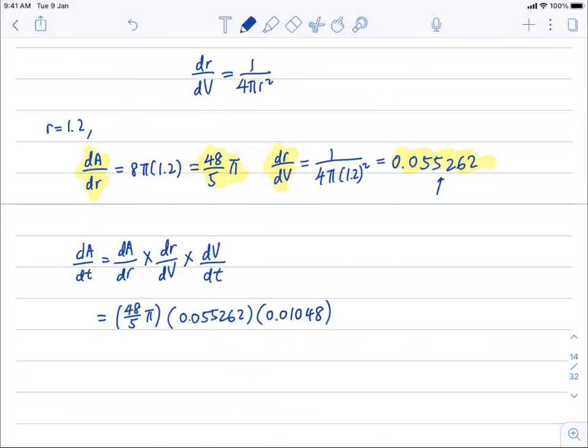Put into the calculator, we get dA over dt equal to 0.01747. So this is the final answer. The rate of change of area is 0.01747.